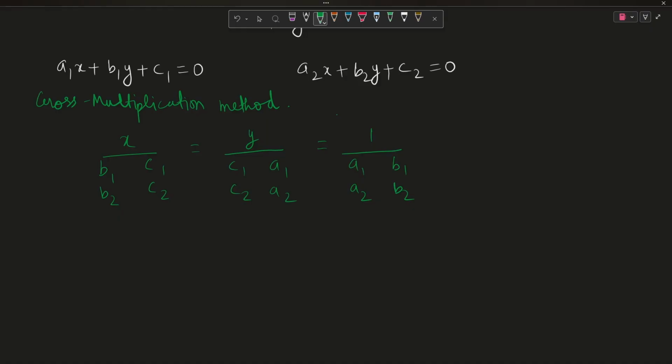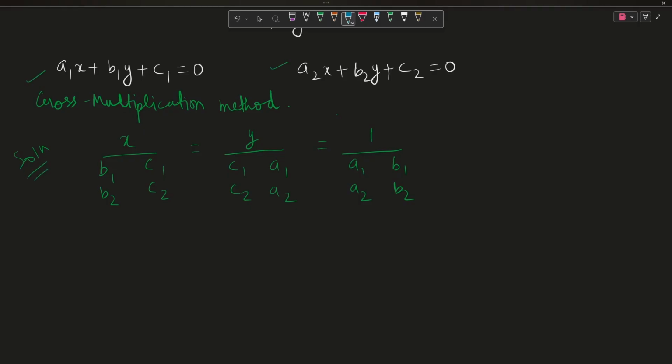This is a general form of representing the solution of these two equations.